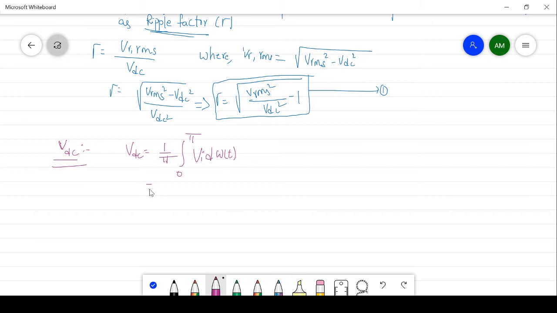We already know the input voltage Vi is Vm sine omega t, so Vdc is 1 by pi integral 0 to pi of Vm sine omega t d omega t. Here Vm is the peak value, that is a constant, so Vm by pi times the integral of sine omega t, which is minus cos omega t, with limits 0 to pi.